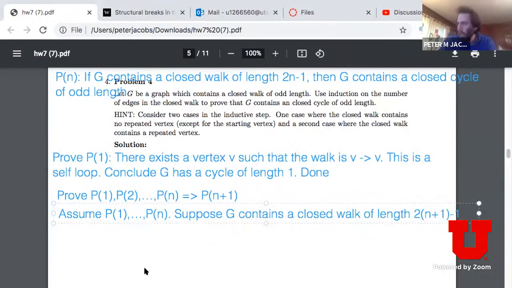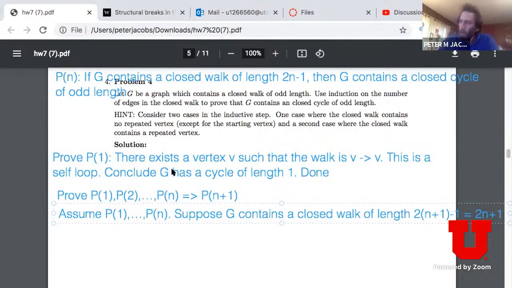If we simplify that, that's 2n plus 1. So now we want to show that G contains a closed cycle of odd length.